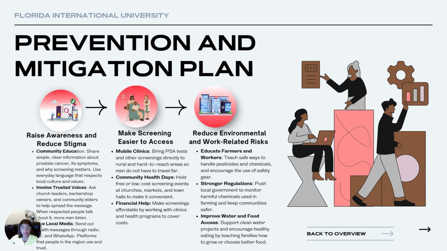Next, we have the prevention and the mitigation plan. Prevention must address awareness, access, and reduce stigma. It should make screening easier to access and reduce the environmental and work-related risk.